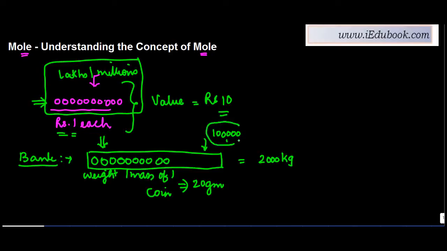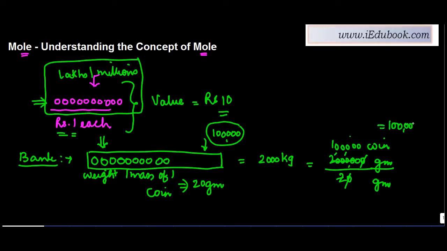I told you this number beforehand, but let's say, for example, you have 2000 kgs, converted to grams, you divide it by the weight of one coin, and simply, you will come to know that you had 100,000 coins. And if the one coin is worth rupees 1 each, you know that the value is 100,000.